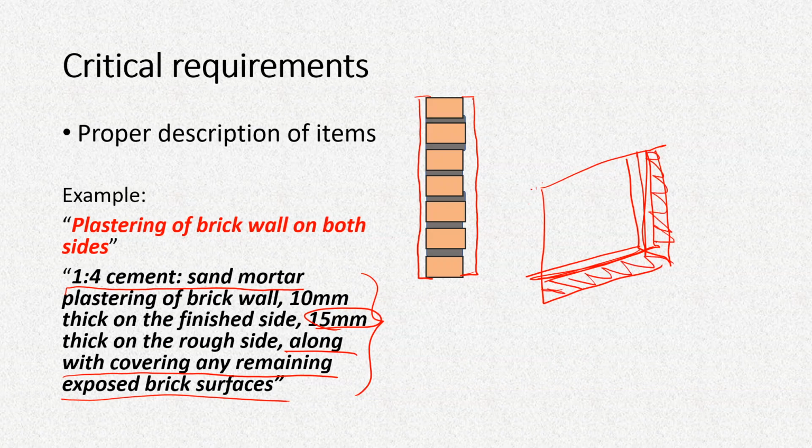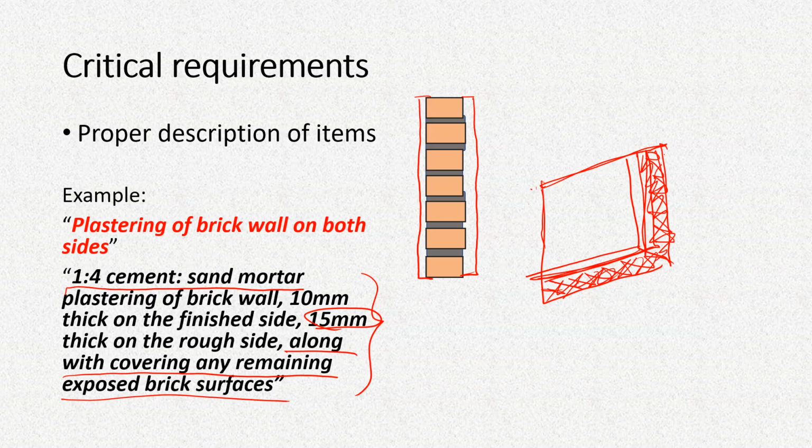Now, this is a very small amount of plaster to be done, but it may require some time. So all these things are to be very clearly mentioned, so that the contractor takes into account these difficulties. Although the material cost is negligible, because it requires time and the contractor has to pay the masons some extra money because of that extra time, he or she may adjust that by slightly increasing the price quoted for plaster.